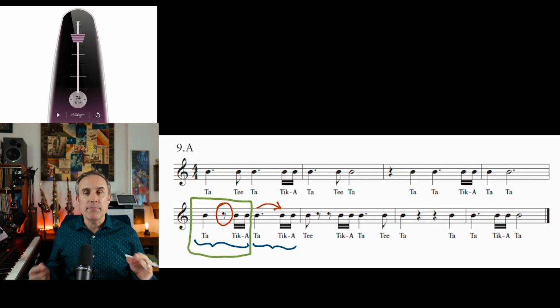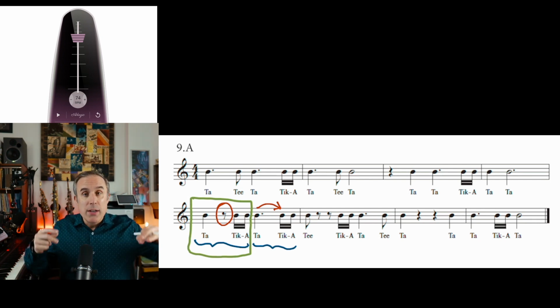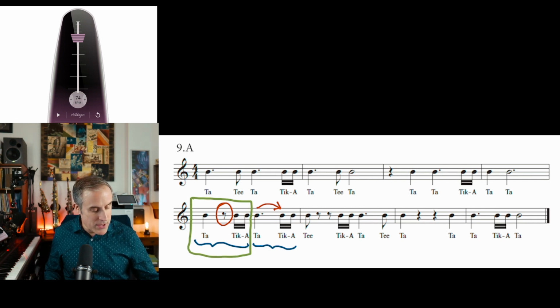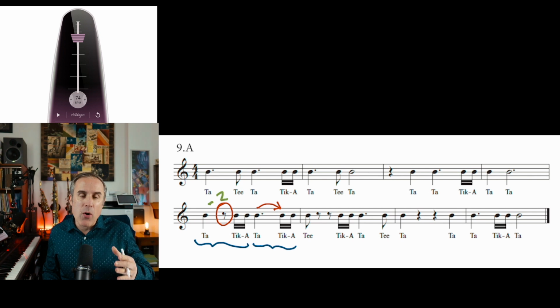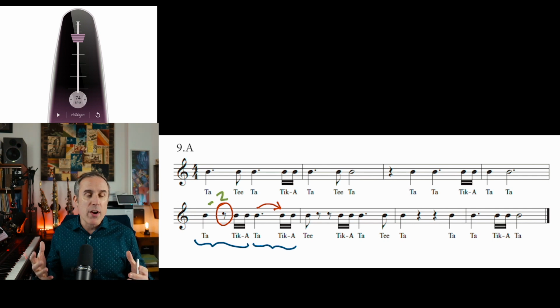Ta, Tik-A, ta, Tik-A. And what I would tell my students is to write -2 over that 8th rest so that they hold that quarter note full value, but stop the sound on beat 2 so that we can have a brief moment, an 8th rest worth of silence before those 2 16th notes come in.